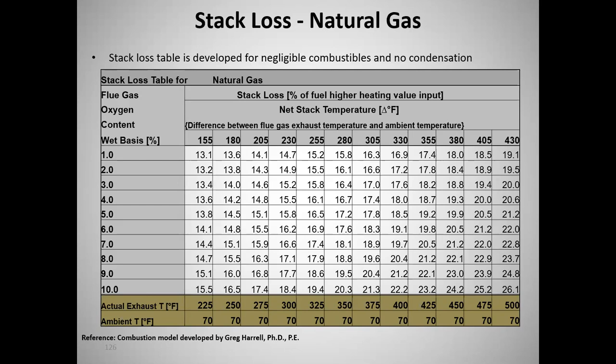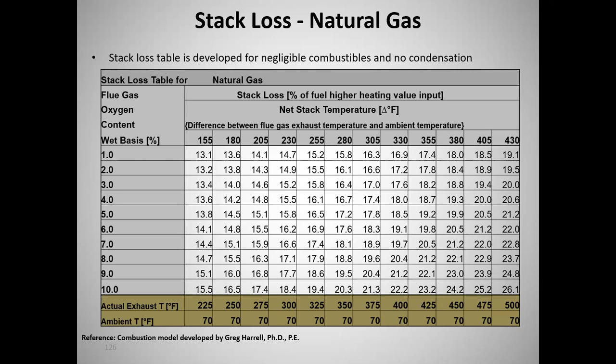Okay, and then the next line down says net stack temperature. That row of dark numbers at the top, 155, 180, 205, 230, etc., is the difference between the flue gas temperature and the ambient temperature. So that subtraction has been done in that column.